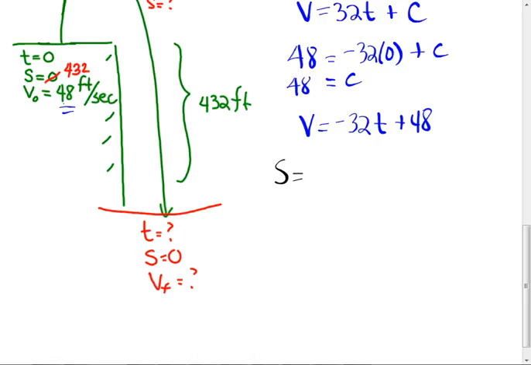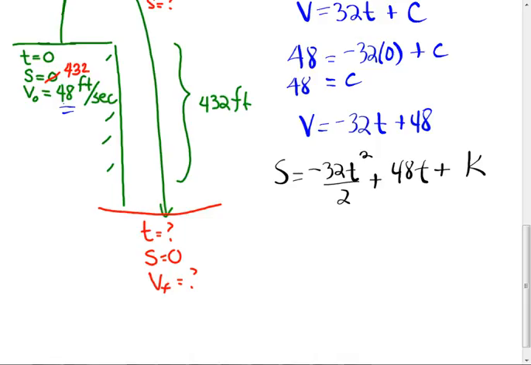So I'm going to take the antiderivative, so it's negative 32 t squared over 2 plus 48t plus some other constant called k. Well, we've already used c, so you can't use that. Nobody's going to fault you on that, but it's not good.